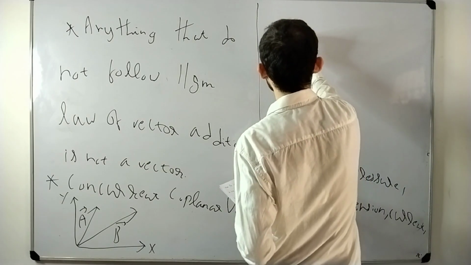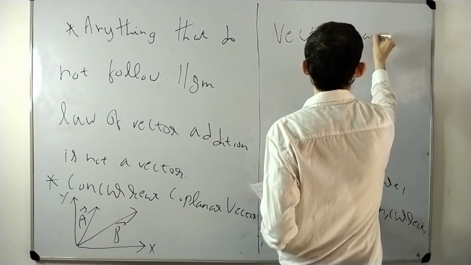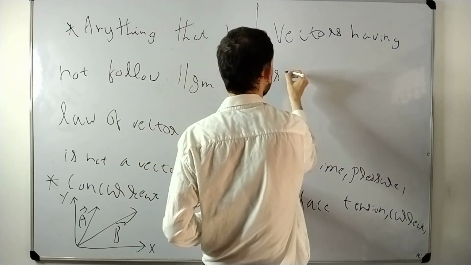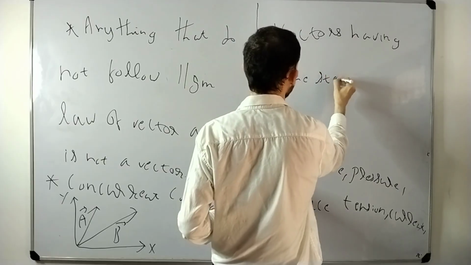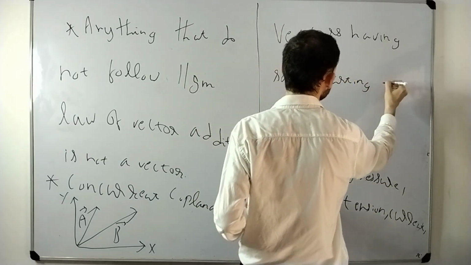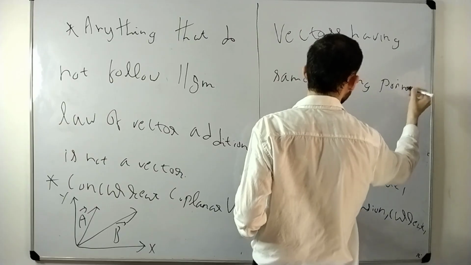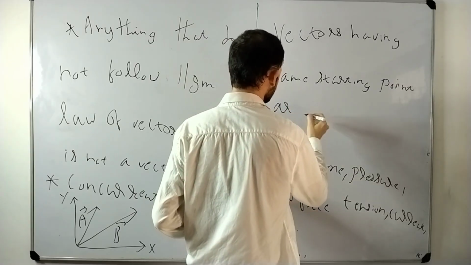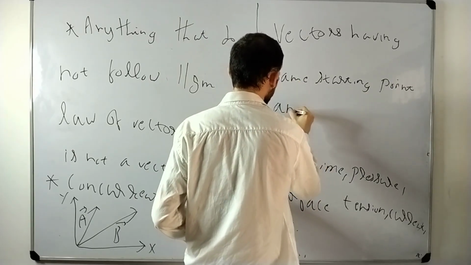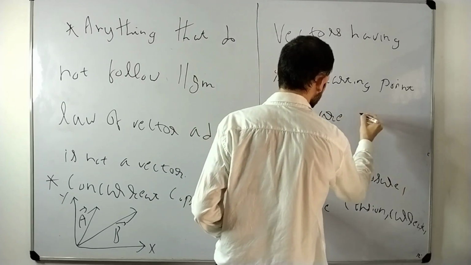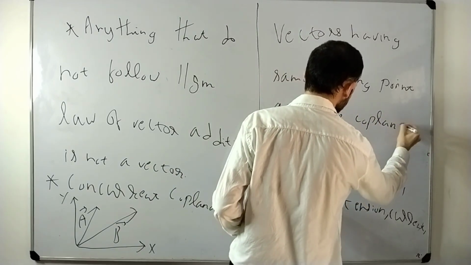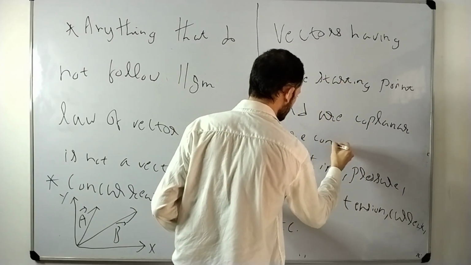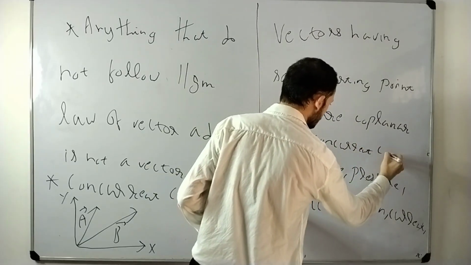Vectors having the same starting point and coplanar are called concurrent coplanar vectors.